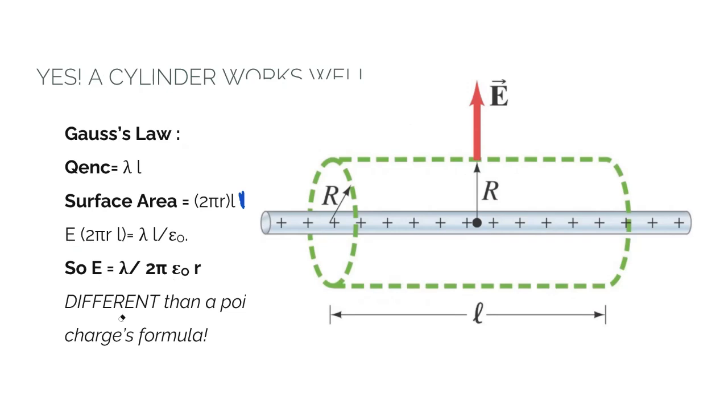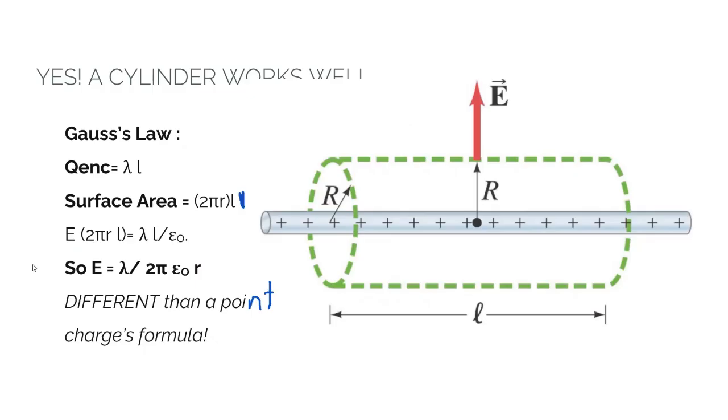Notice this is different than the point charges formula. Notice this is different. There is no r squared in this formula. Right? So we need to see that electric fields can differ depending on the geometry.